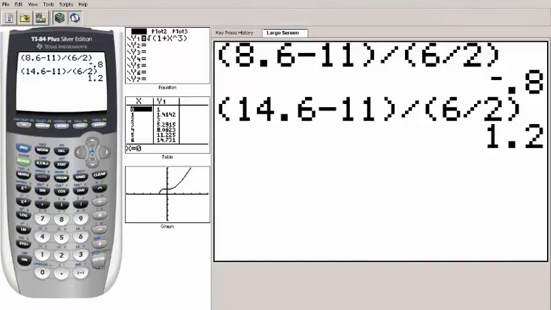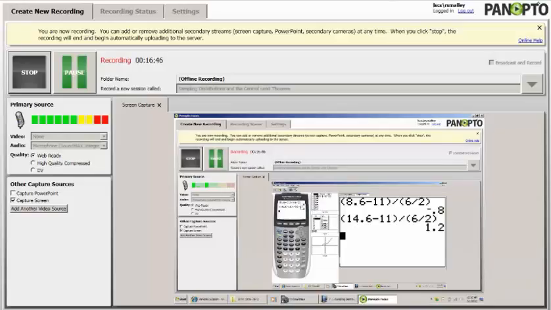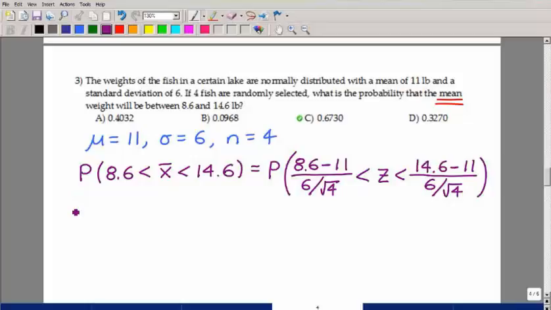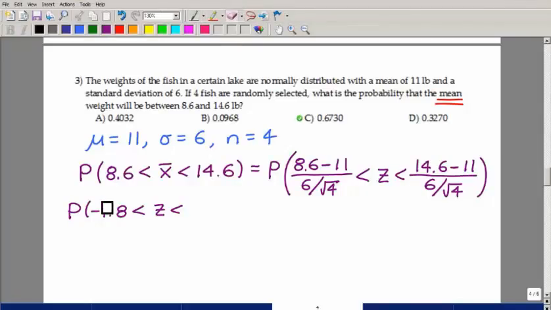Here we go. 1.2. So my range of z values will be negative 0.8 to 1.2. Oh, made a mistake there. Yeah, negative 0.8 to 1.2, excuse me.